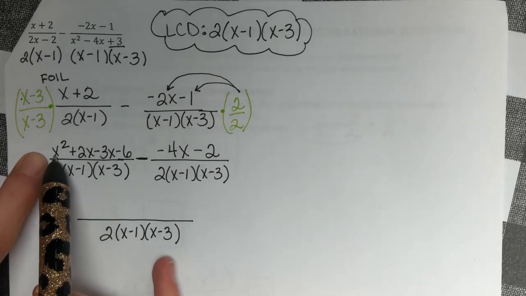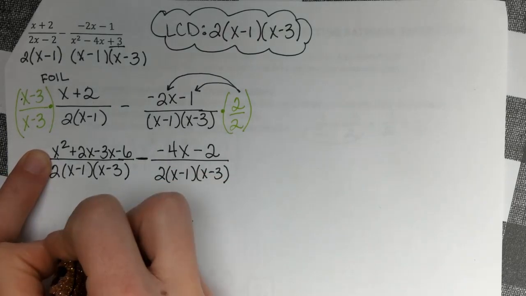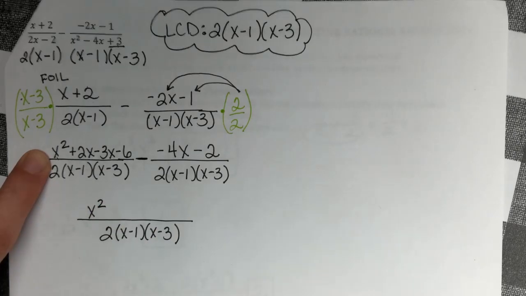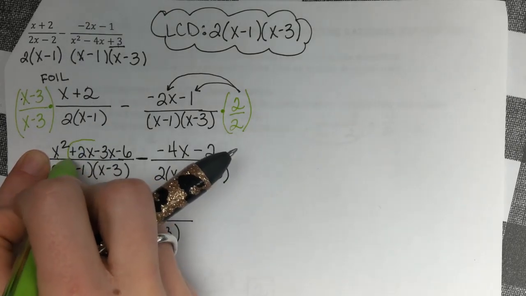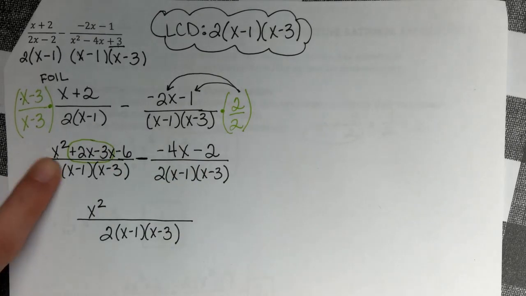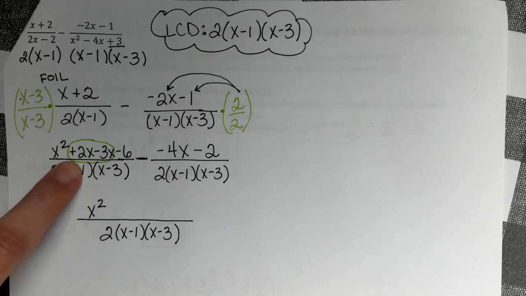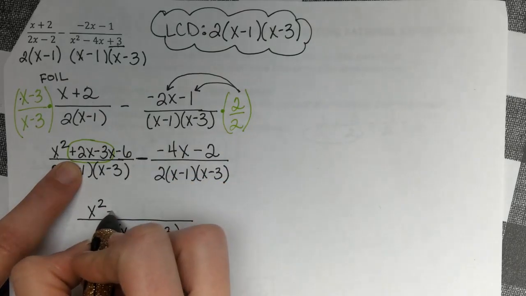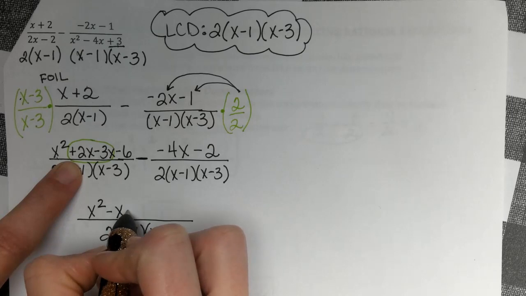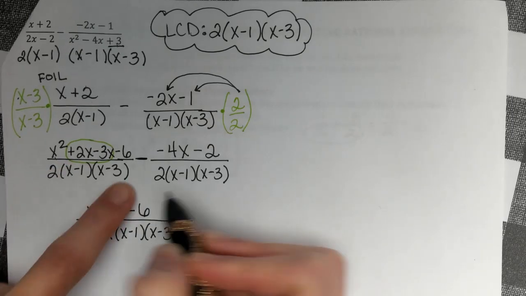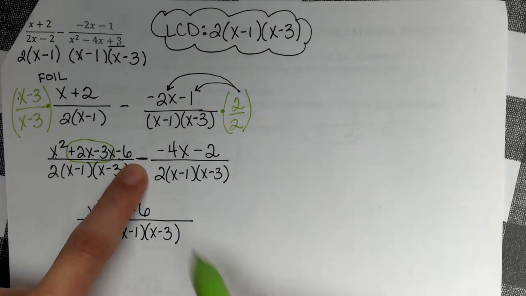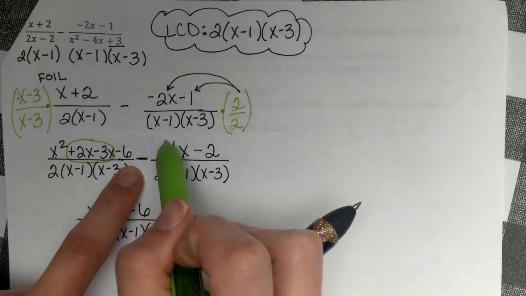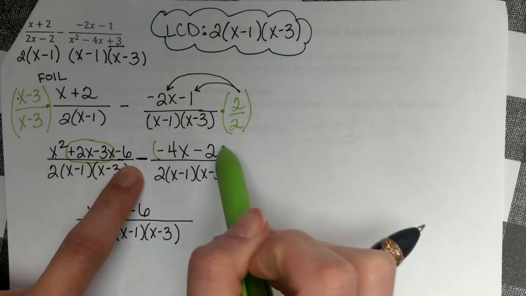Okay, well this is x squared. 2x minus 3x is going to give me what? Negative x minus 6. Then I'm subtracting this entire negative 4x minus 2.